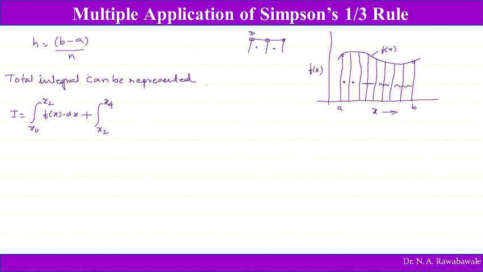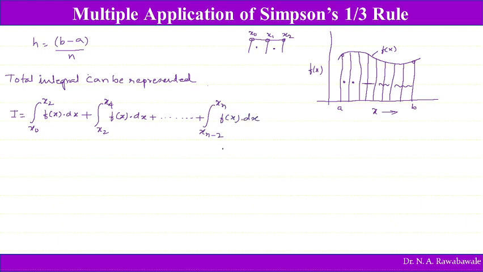So this is x0, x1, x2, then x3, x4, again f of x dx, plus and so on, plus the integration from x n minus 2 to x n of f of x dx.